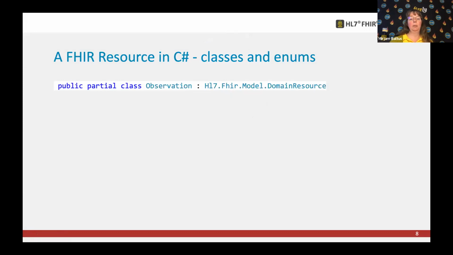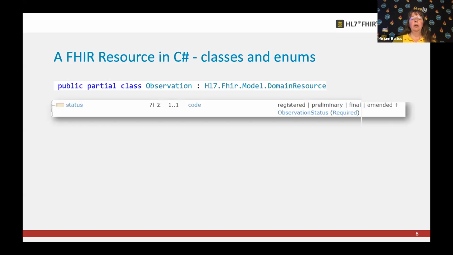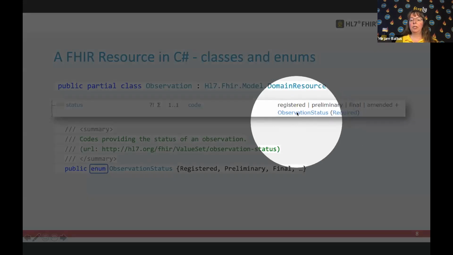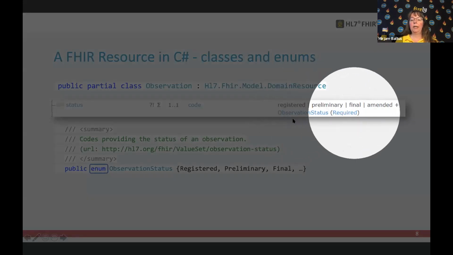So you will get them from that domain resource type there. Within our classes, for every field that you have in the specification, you will see a field there as well. So take a look at this status field. It is of type code, and you will be able to find that status field inside of observation as well. Now you can see that we have an observation status here, and it says required.